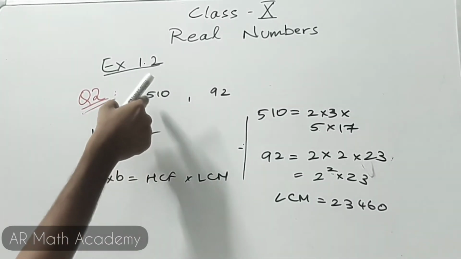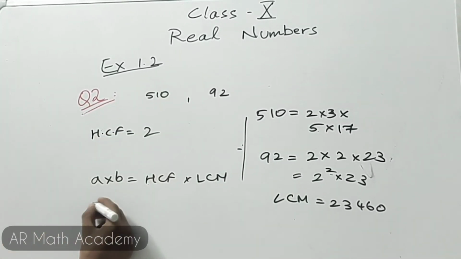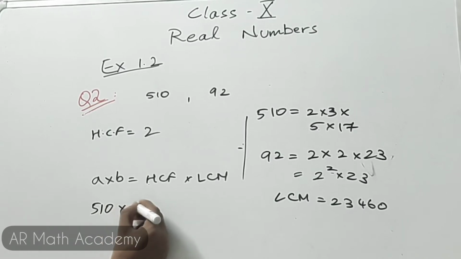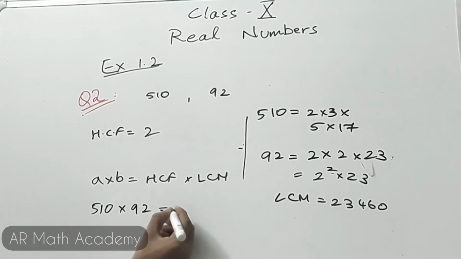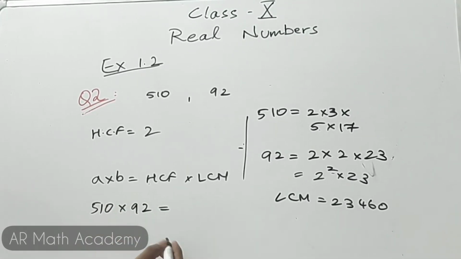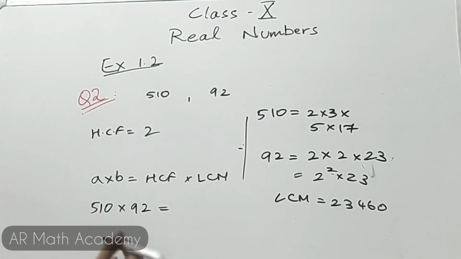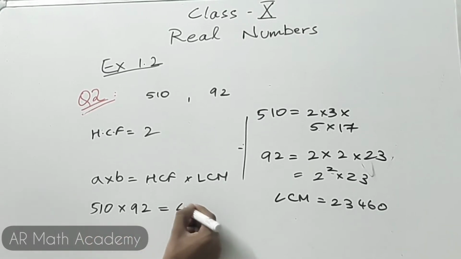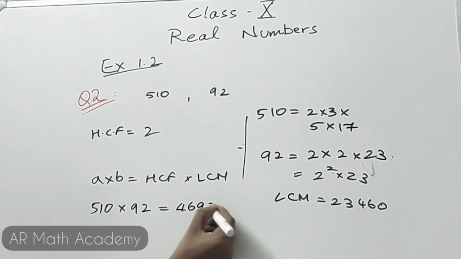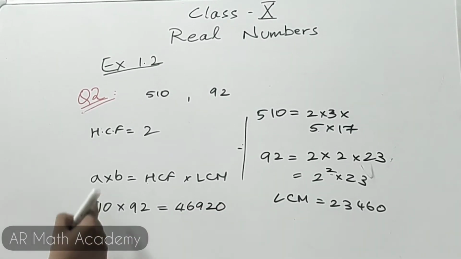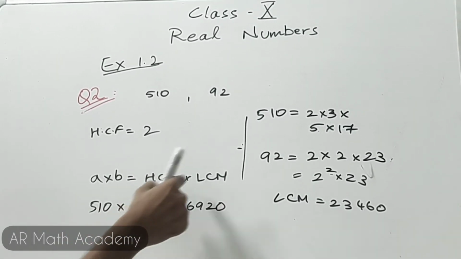So A into B, 510 times 92. The product of these two numbers will give us 46,920. And now we have to prove this side, HCF times LCM.